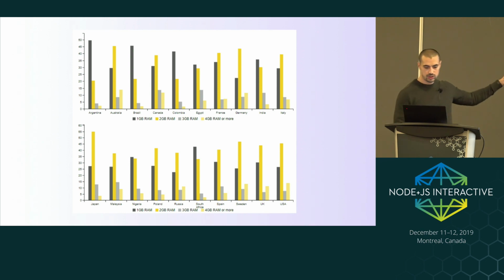I'm not sure if you can see the labels below in the graph, but developing countries like Argentina, Brazil, Colombia, Nigeria, South Africa have devices with just 1 gigabyte ranked first. In the rest of the countries, listed here at least, we see devices with 2 gigabytes ranked first, but by a great distance compared with the number of devices with 3 gigabytes of memory or more.